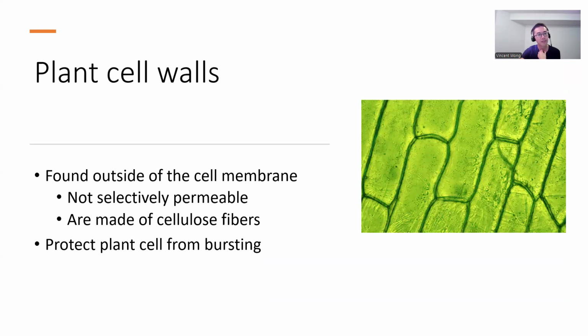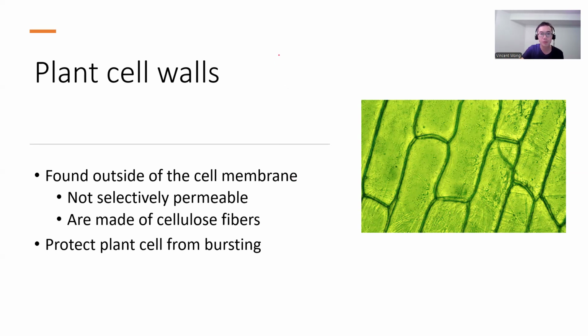Another feature that's found in plant cells and not other cells, not in animal cells anyway, is the cell wall. Right? So plant cell wall, we first learned about it when we talked about cellulose in lecture 2. And cellulose is this very tough fiber, tough polysaccharide that is made up of repeating units of glucose.